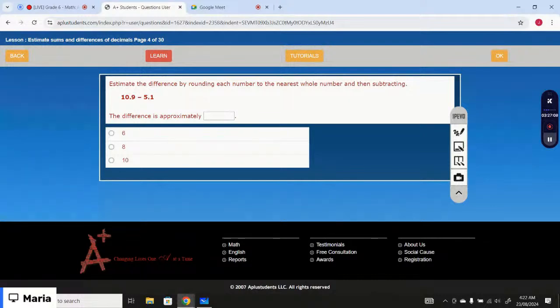That is, yes, 6 is the correct option. Option number 1 is the correct option.